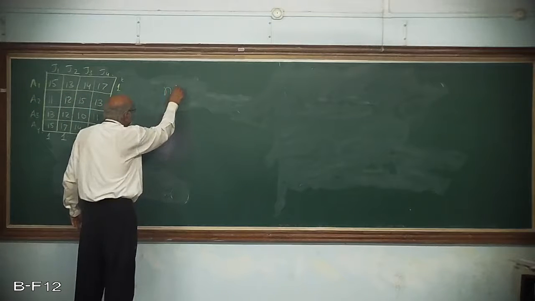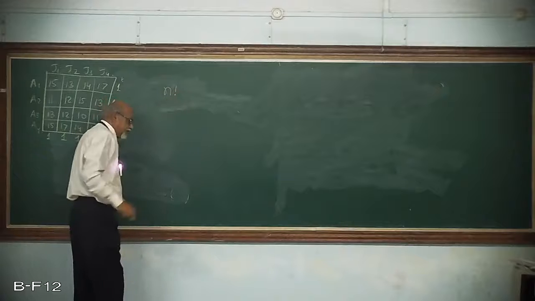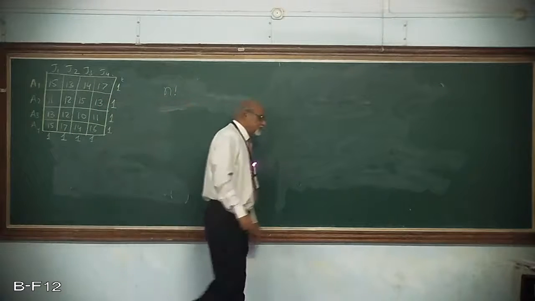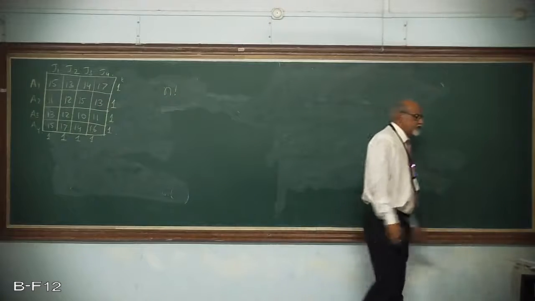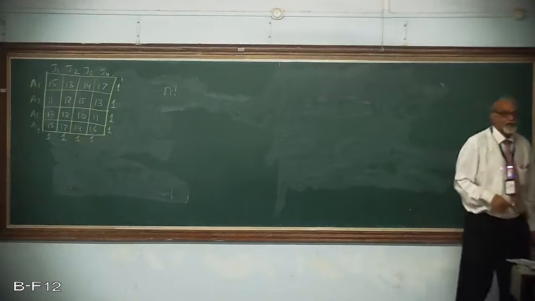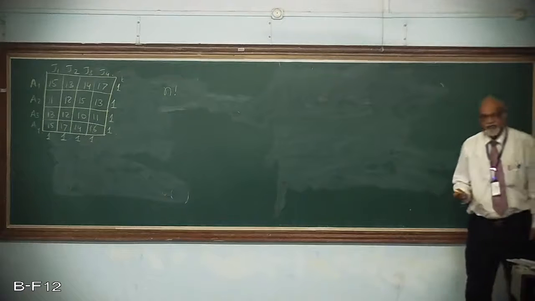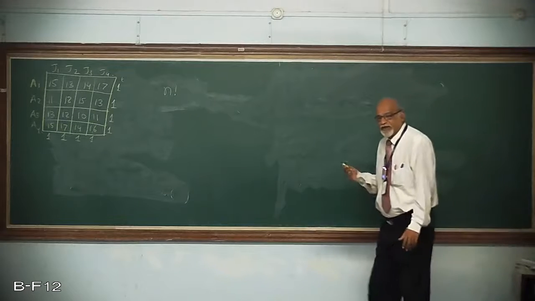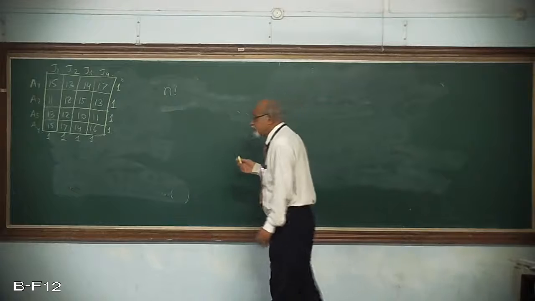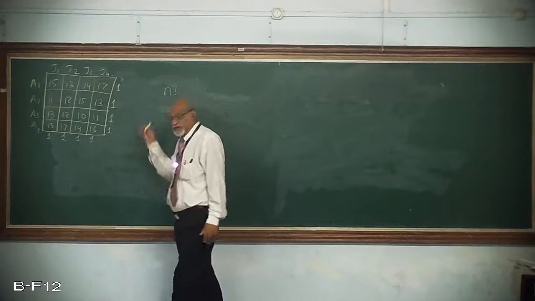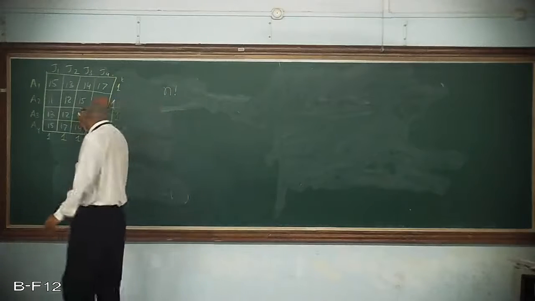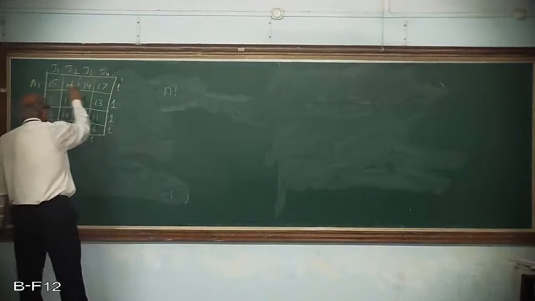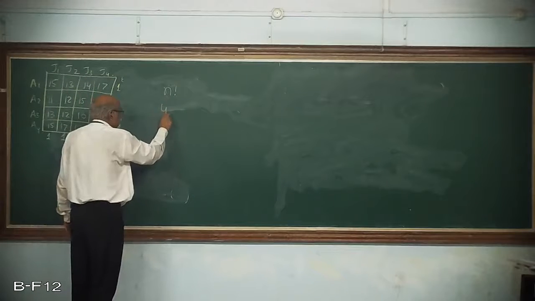There are n factorial ways. Try to understand, in assignment type of problem, it is always a square matrix. Either we can take it as n by n or m by m matrix. So factorial n. Here n is 4, that means 4 factorial.